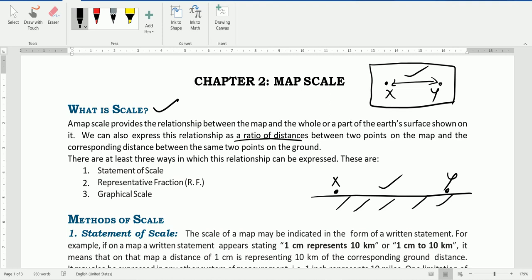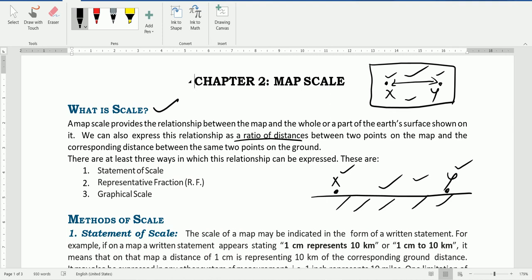As indicated here, we have 2 points, x and y, and the map scale is the ratio, the mathematical relationship between these 2 points on the map and the corresponding 2 points on the ground. So the ratio between the distances on the map and the distances on the ground is known as map scale.